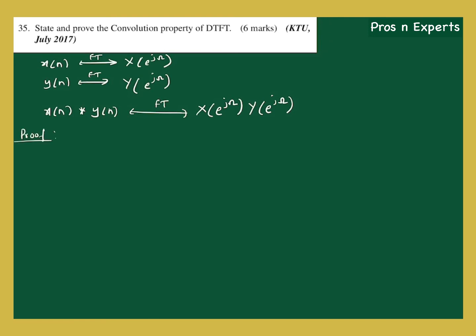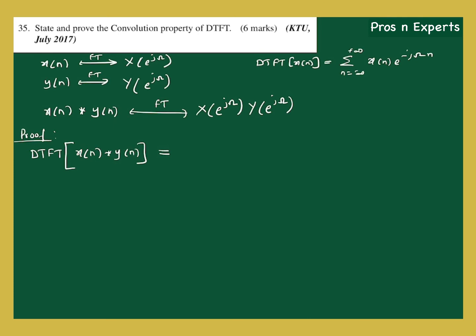So what we have to find out is the DTFT of x of n convolution y of n. You know the DTFT of a signal x of n is given by sigma n equal to minus infinity to plus infinity x of n into e raised to minus j omega n. Similarly, what is the DTFT of x of n convolution y of n? Instead of x of n, you are dealing with x of n convolution y of n.